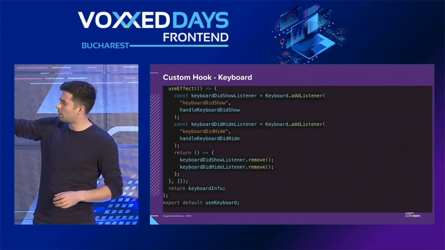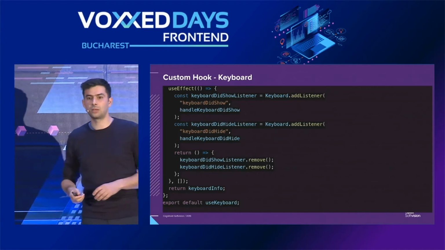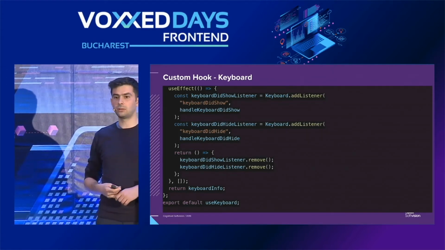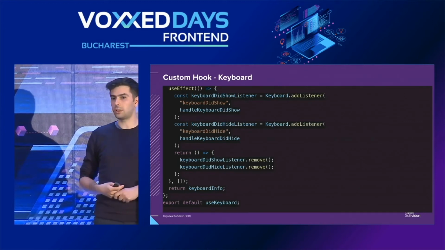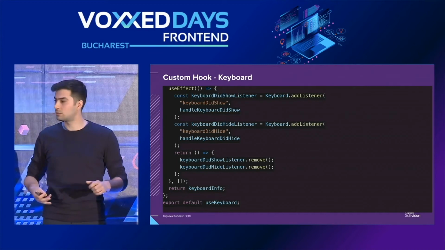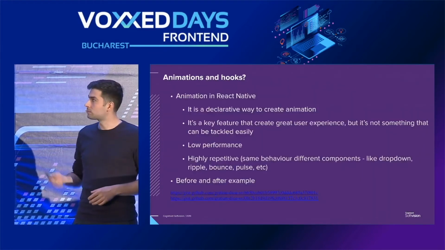For example, if the didHide listener wasn't removed, I would get memory leakages. So this is a pretty compact hook that saves us a lot of code and testing code that would otherwise reside in multiple components.